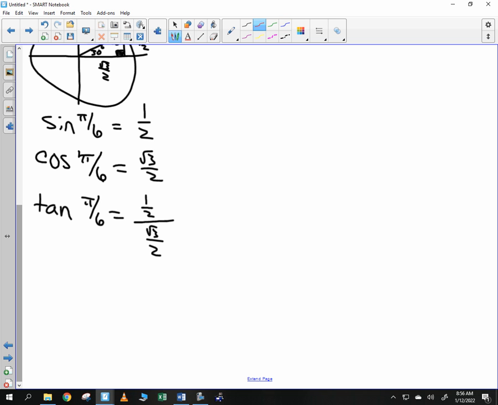Multiply by the reciprocal. So I multiply by 2 over the root of 3. What happens? 2's cancel, and I get 1 over the root of 3. Is that my answer? No. Multiply the top and bottom by the root of 3, and you get the root of 3 over 3. That's your answer.